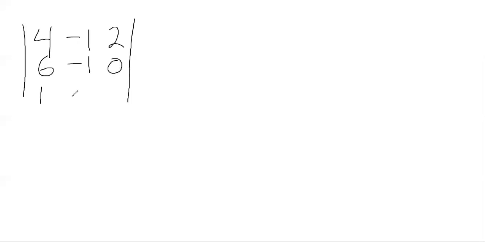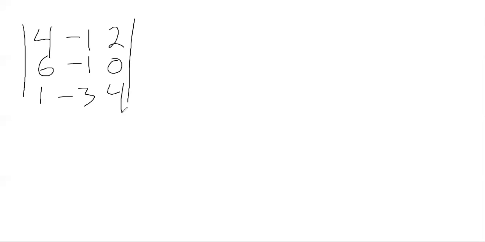So I'm going to set up my 3 by 3 determinant. I'm going to take 4, -1, and +2 as my top row, 6, -1, and 0 as my middle row, and then 1, -3, and +4 as my bottom row.